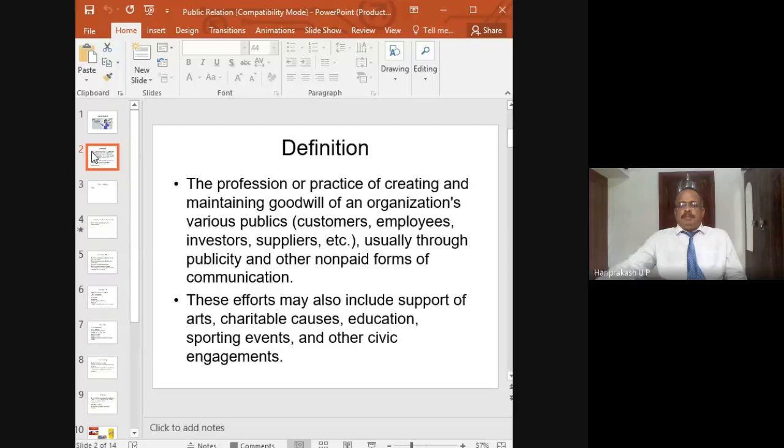So what is public relation? If you see the definition of public relation, it says like this. It is the profession or practice of creating and maintaining goodwill of an organization.